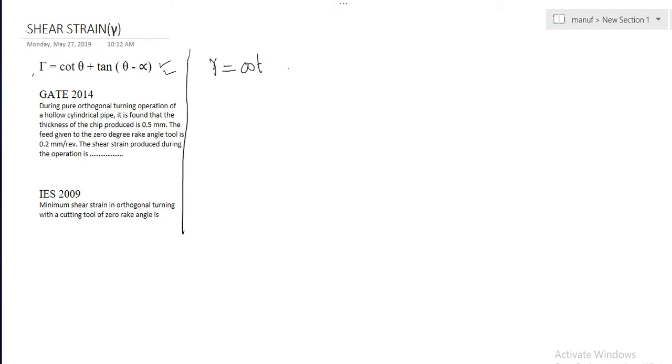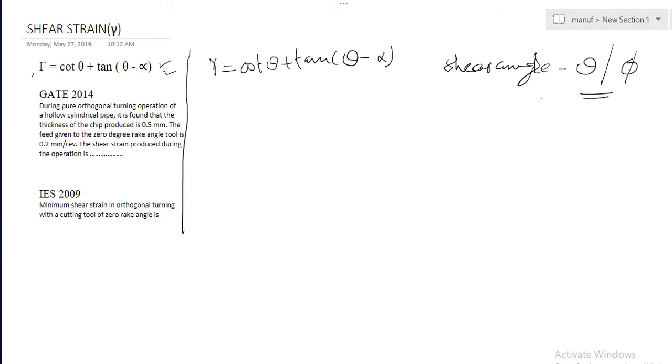The shear angle can be denoted by theta as well as phi. We can denote the shear angle by both the symbols, but we will opt for phi.